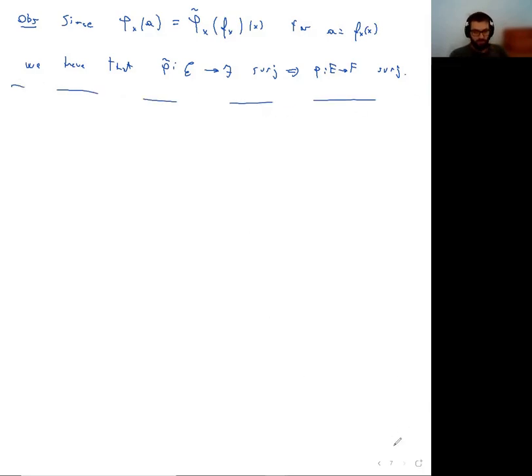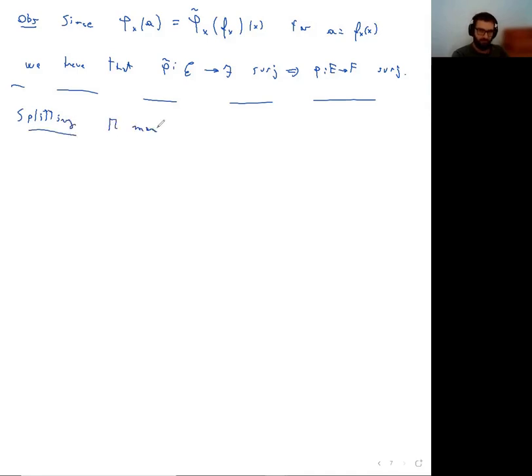So now we talked a bit about morphisms of sheaves, and of course the previous times we also talked about exact sequences of sheaves. And when you have exact sequences, you're always interested in splitting. Okay.